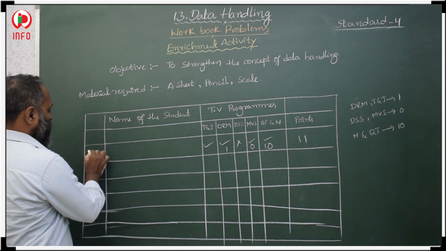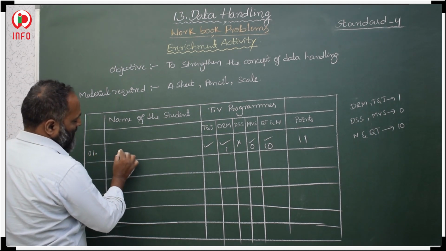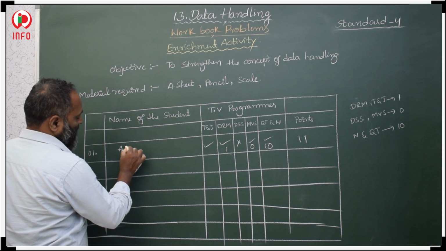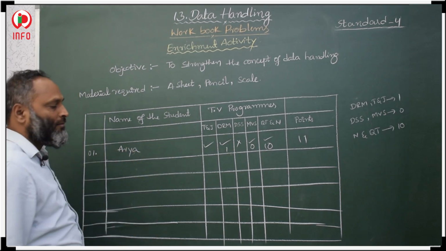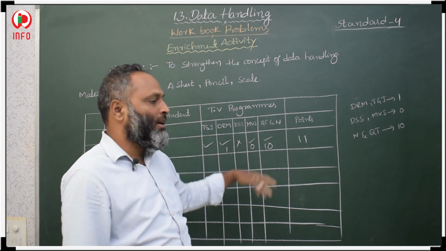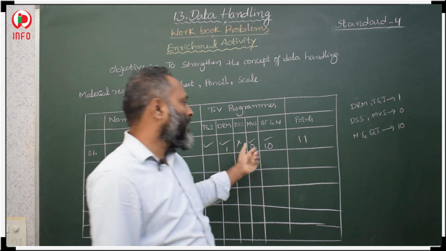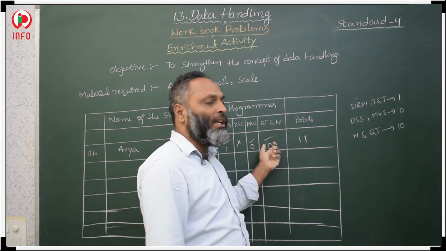Here write your friend's name, Arya, so and so. Ask him what he is watching and make a tick mark. If he watches cartoons, then he will get 1 mark, and quiz time and news, he will get 10 marks.